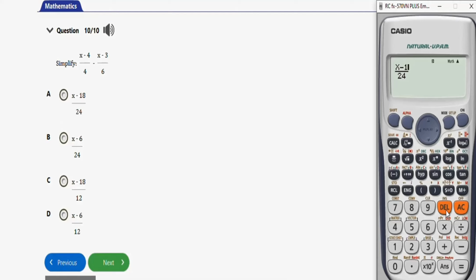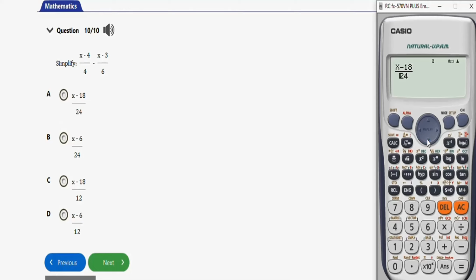So let's check option B. We have 6 here. No, let's check option C. Remember, I got minus 1 over 3. So remove this and put 18.